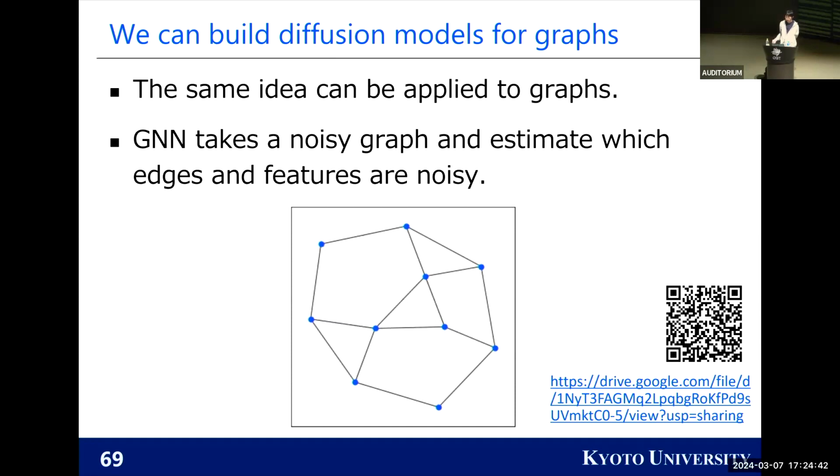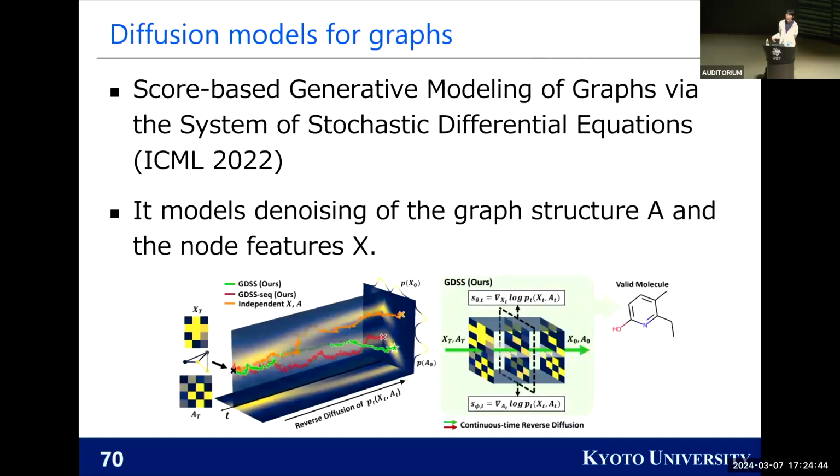Very simple idea. And actually, many diffusion models for graphs have been proposed in the literature. This paper, score-based generative modeling of graphs via the system of stochastic differential equations, is one example. It models the denoising of the graph structure and the node features and applies the same idea to the diffusion model and obtains the generative model for graph data with node feature vectors like molecule graphs.